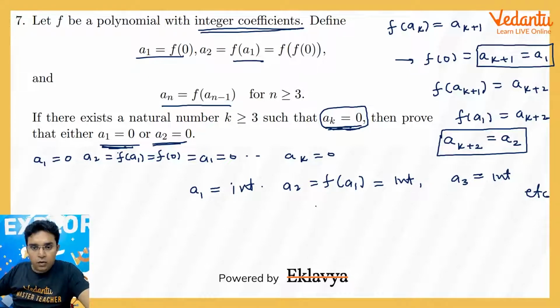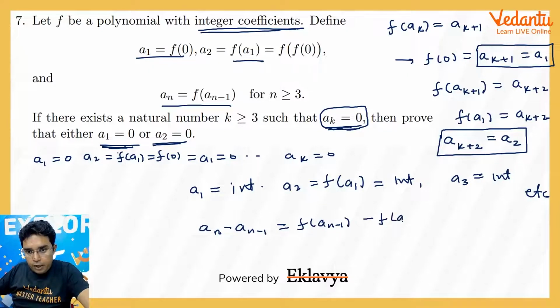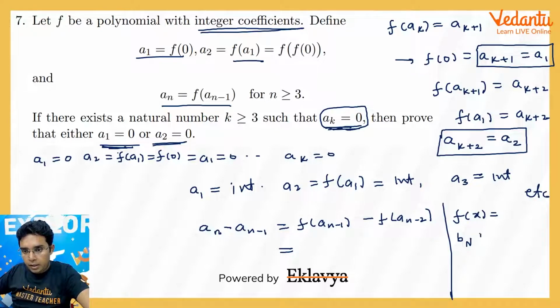If a1, a2 are all integers, and I write a(n-1), then this means it will be f of a(n-1) minus f of a(n-2). Now if I take f function to be a polynomial of capital N degree, let me write this function here. f(x) is equal to bN x^N plus b(N-1) x^(N-1), and so on, plus b1 x plus b0.